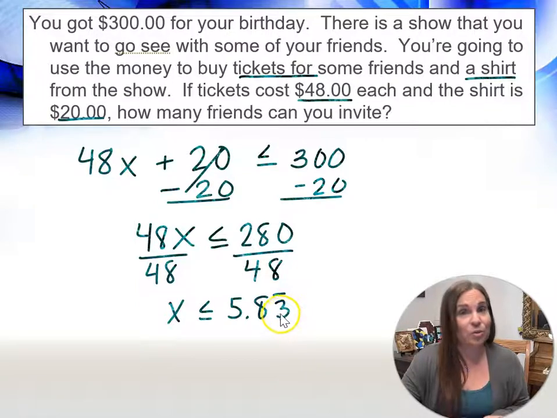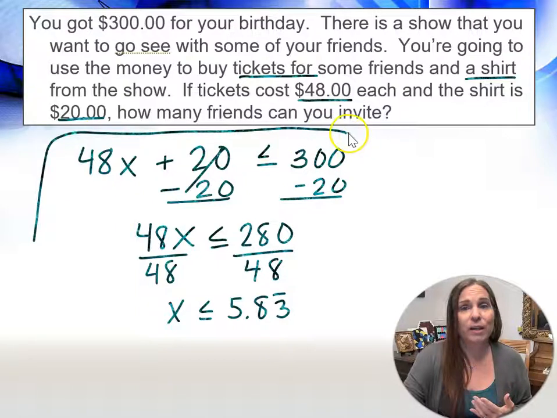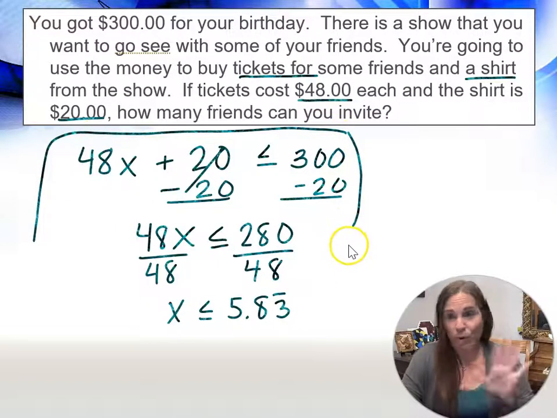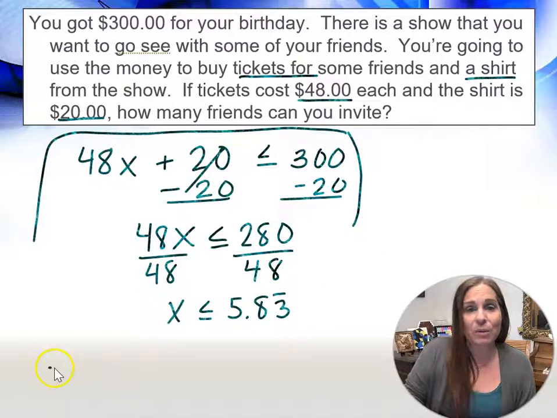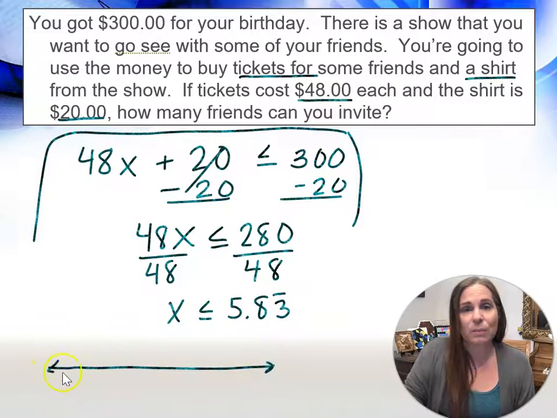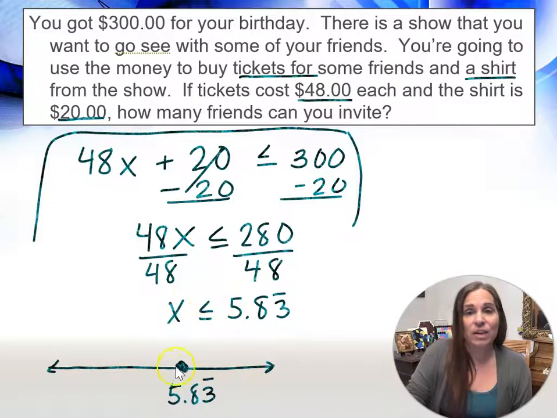Now I'm going to show you 2 ways to graph this. If this were just an algebraic inequality, no word problem, right? No real world context, then the way that I would graph this would be to put 5.83 repeating on my number line, put a dot on 5.83 because it could be equal to that number, and then shade all the numbers that are less than, right?